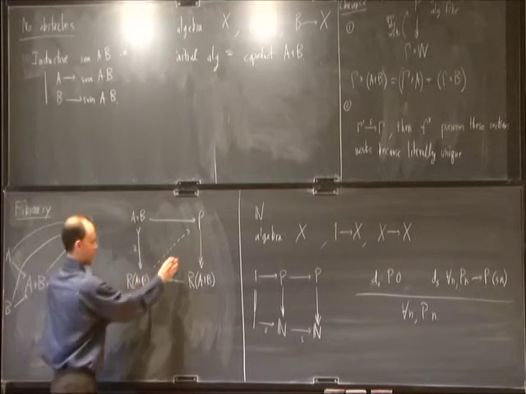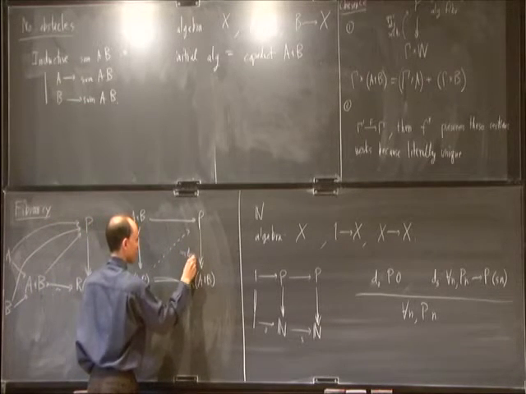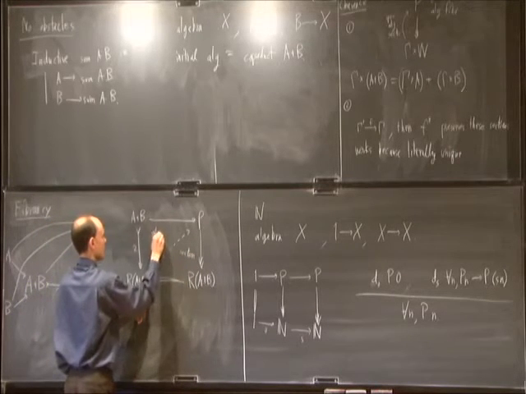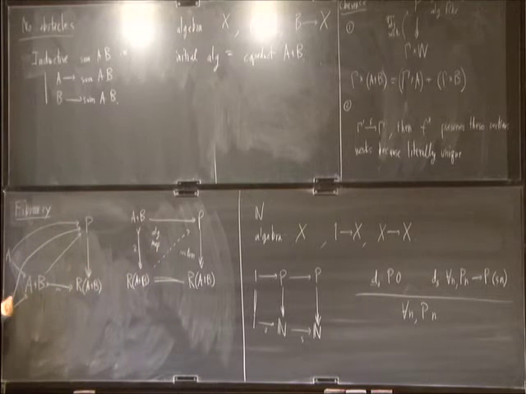The fact that this triangle commutes says that it's a section of the fibration, and the fact that this triangle commutes says that it's an algebra map, that it preserves the maps from A and B, the algebra structure. So in the simple case of no obstacles, just taking the fibrant replacement gives us something which works.